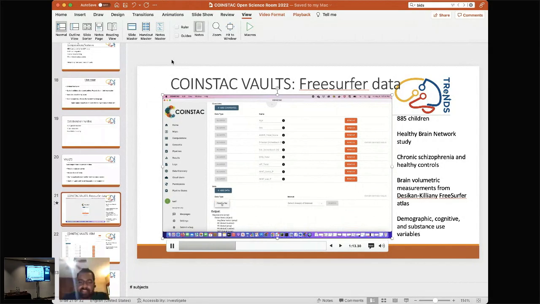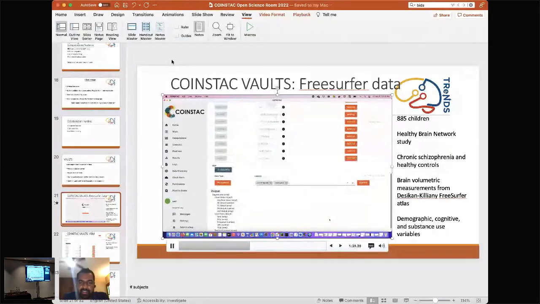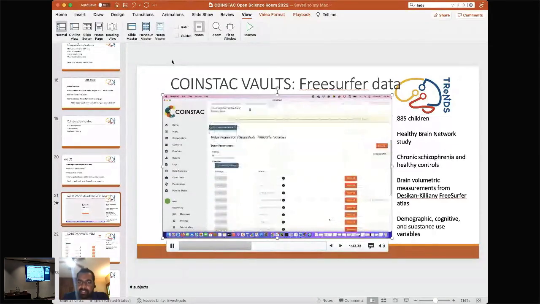And they can select a specific region of interest for running the regression on. And they will see these outputs after the computation is run.